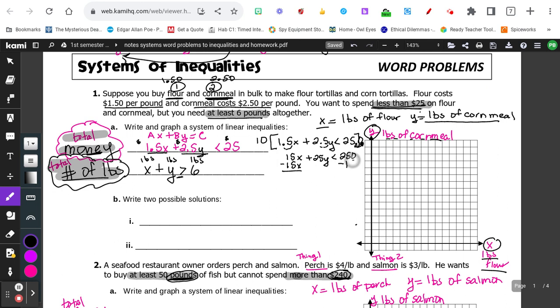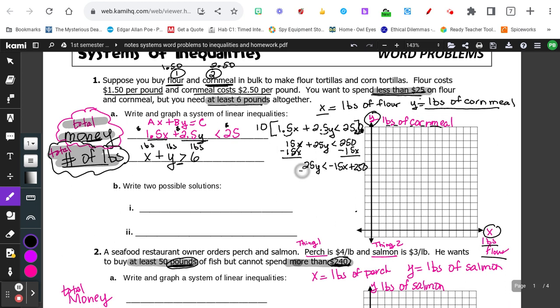So I'm going to subtract 15x from both sides. So we end up with 25y less than negative 15x plus 250. Then I just divide every term by 25. Now, of course, guys, we're going to simplify.